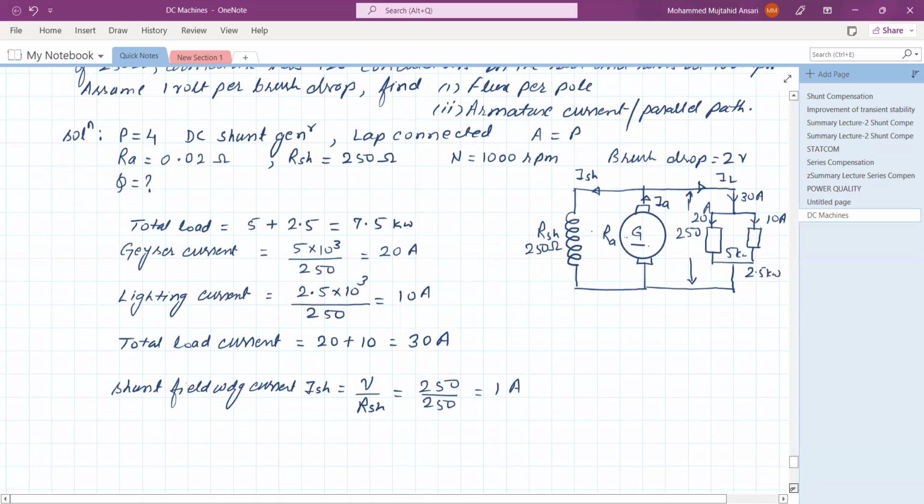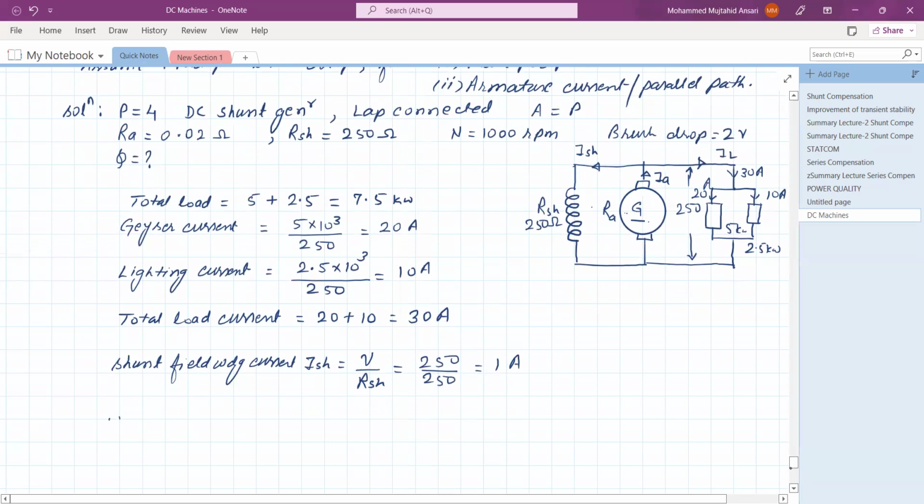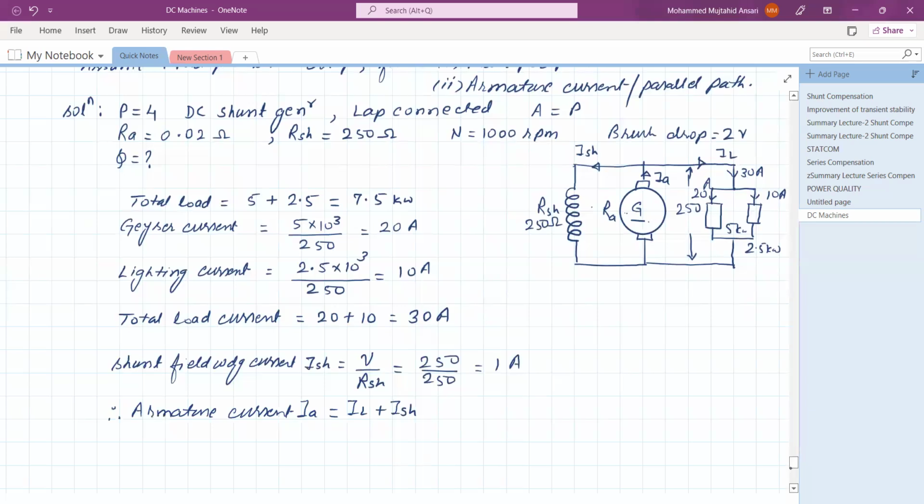So what is the armature current? Therefore, armature current equals IL plus ISH equals 31 ampere. So this is one parameter. We wanted to calculate the armature current.